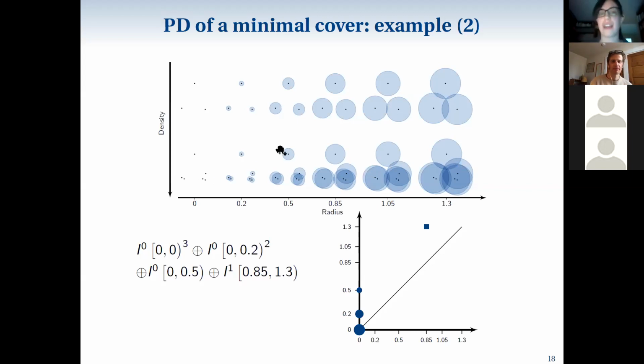Once I have the two of them, I totally forget that they are coming from different densities, and I'm just taking H0 of this one and H0 of this one. So the boundary is simply the induced map between the two H0s, parametrized persistent modules. So it's not given by the density.